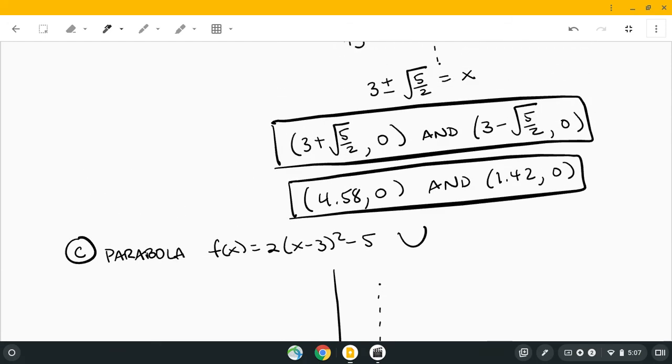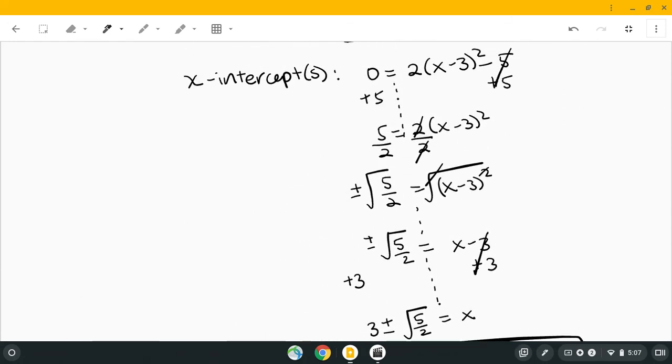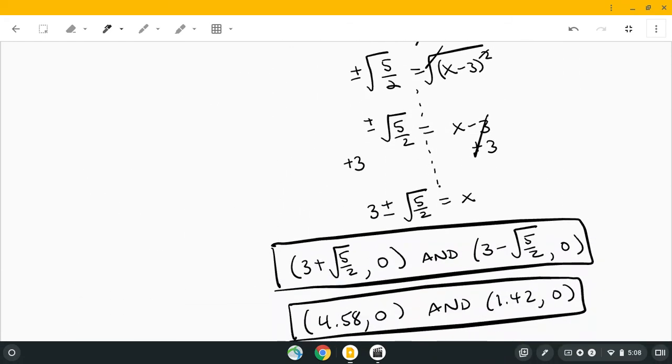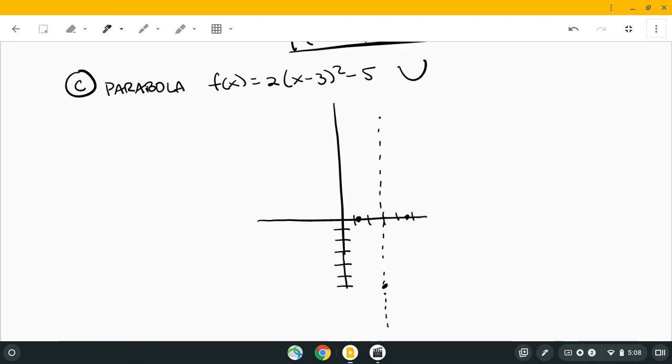And what was the y-intercept? Y-intercept (0, 13). Ooh, do I have enough room? 1, 2, 3, 4, 5, 6, 7, 8, 9, 10, 11, 12, 13, 14. You could also go by 2s. 2, 4, 6, 8. You can go by 5s. All right.